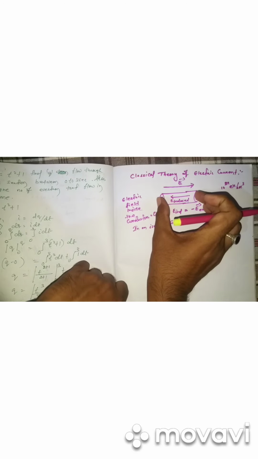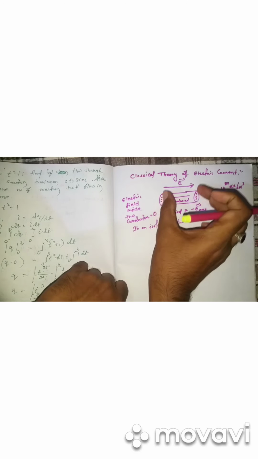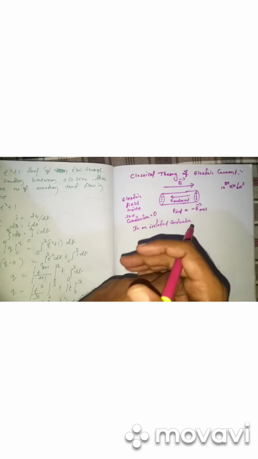Now if that conductor is placed inside an electric field, what will happen? Already you know that the electric field inside the conductor is zero. Why does it become zero?